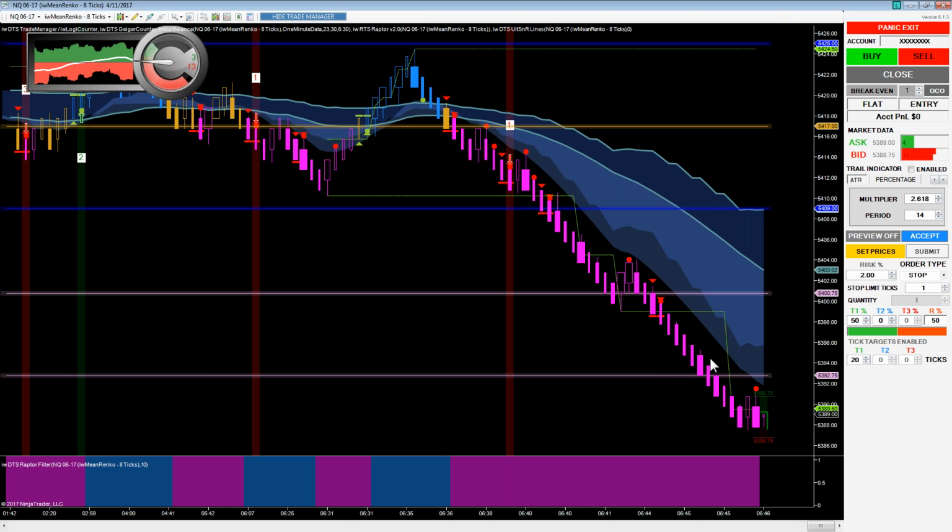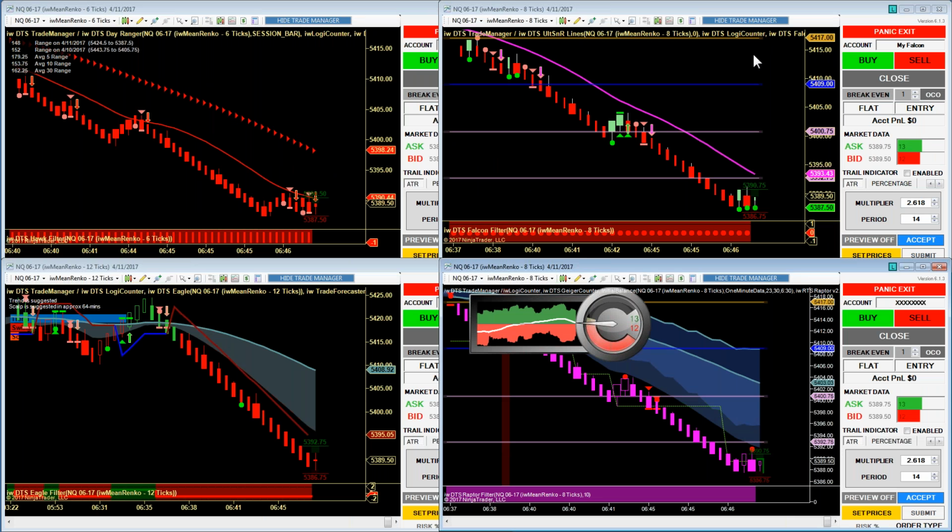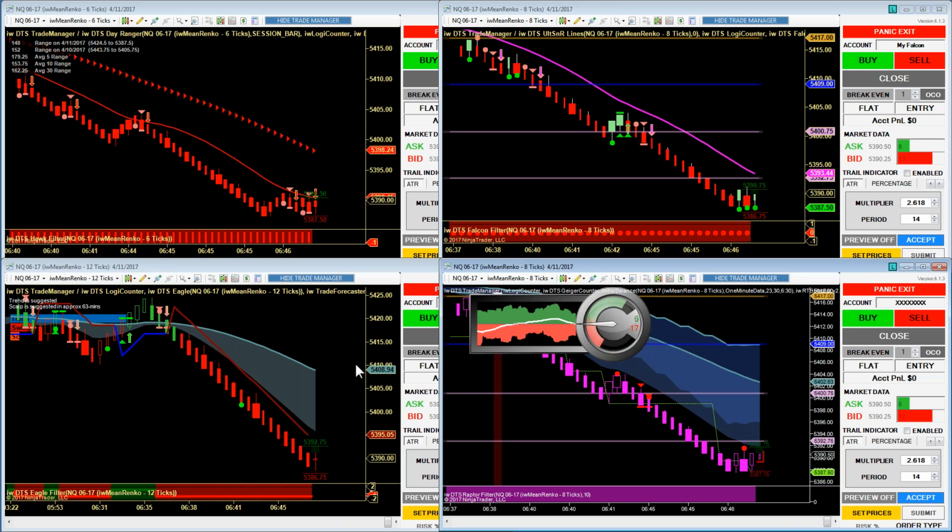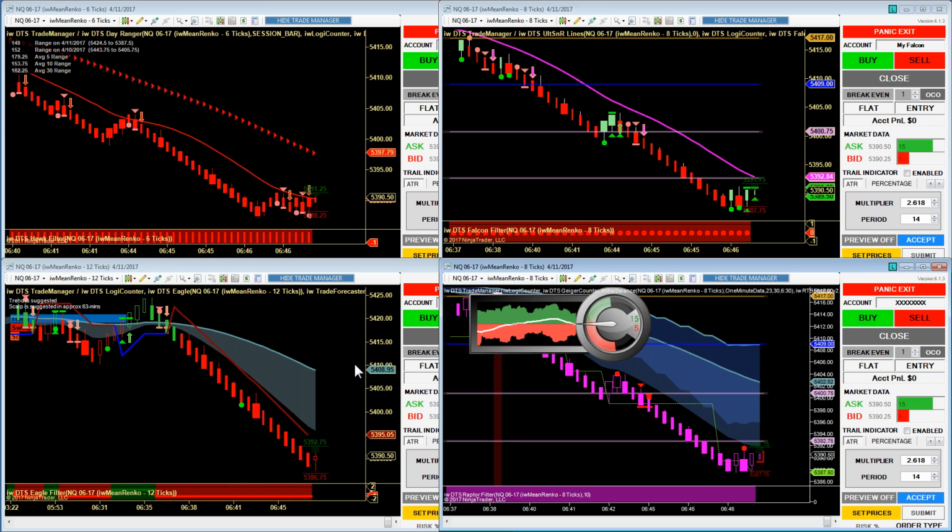A few traders will be looking for a pullback of some sort as an opportunity to get short again. Of course, you can just get short. The problem, as I pointed out before, is you're going to have to run a pretty deep stop.